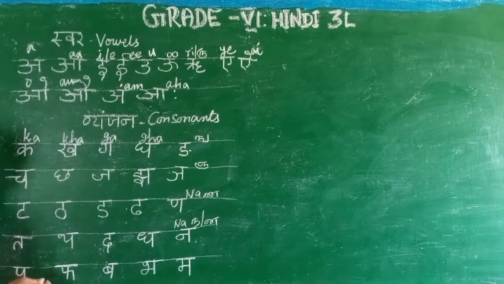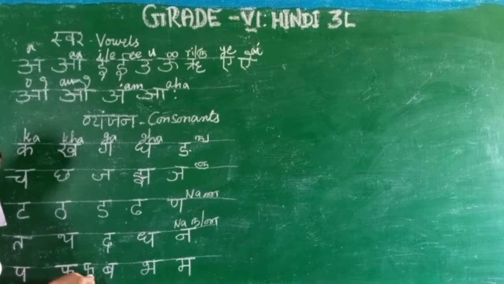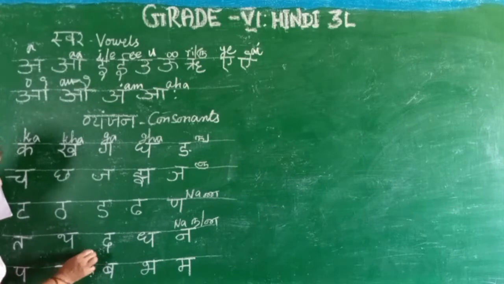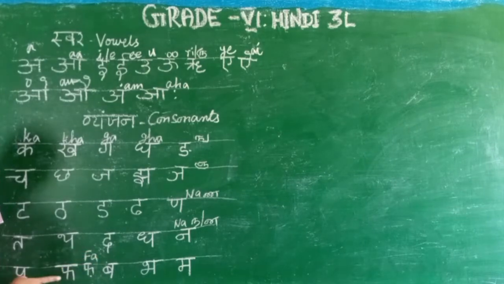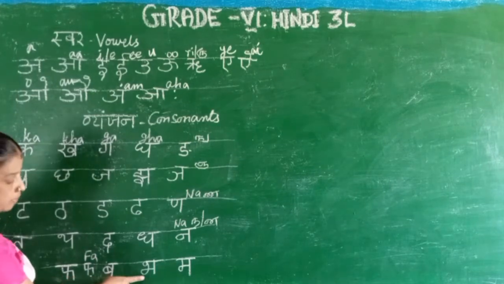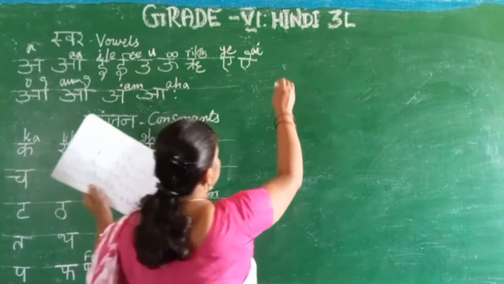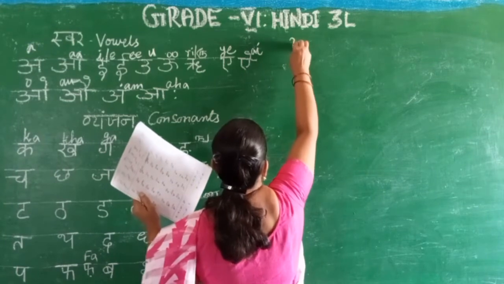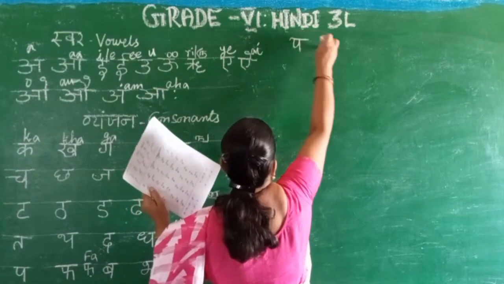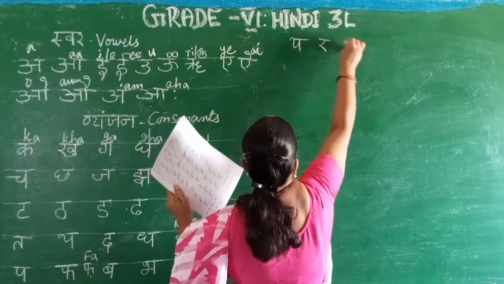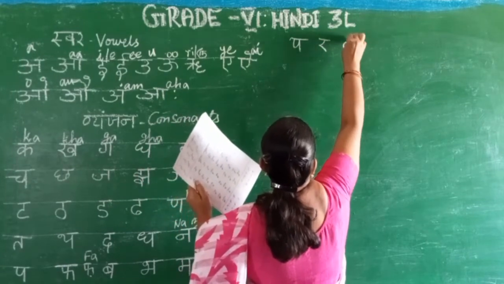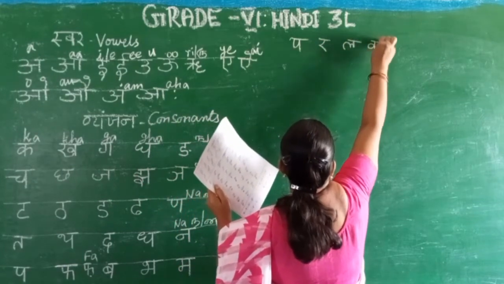Next one, pa, P-A, pa, P-H-A, pha. Ma, this letter sometimes has a dot, one dot in the printing, that is fa, F-A, fa. Understand? This one P-H-A, pha, B-A, ba, B-H-A, bha, ma. And the next, ya, ra, la, va.